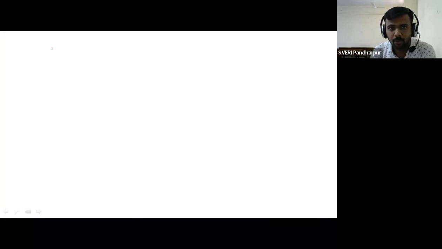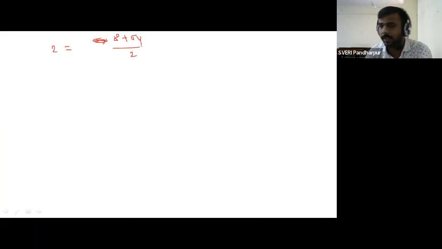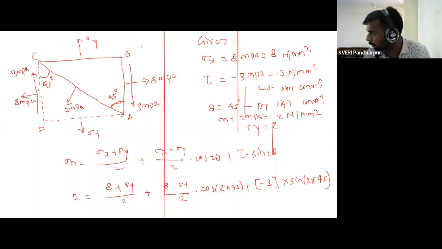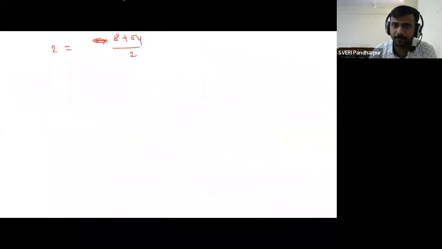Sigma n is equal to 2. Sigma x is given 8 plus sigma y divided by 2. Now here 8 minus sigma y into cos 2 into 45, means cos 90. What is the value of cos 90?